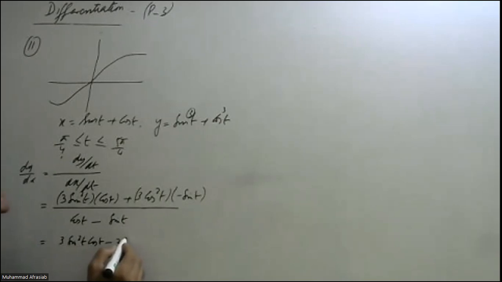Here, we get 3 sin²t cos t minus 3 cos²t sin t, divided by cos t minus sin t.